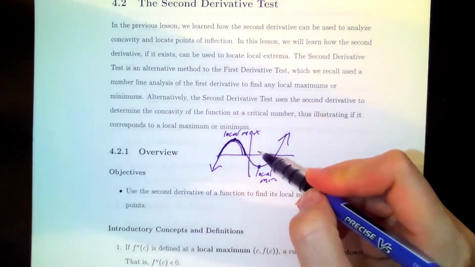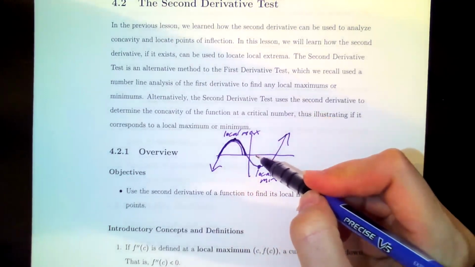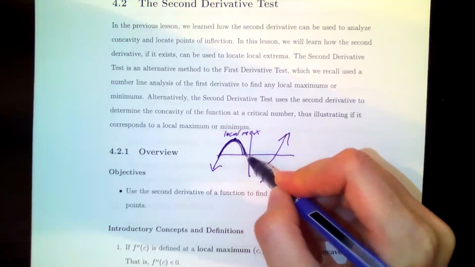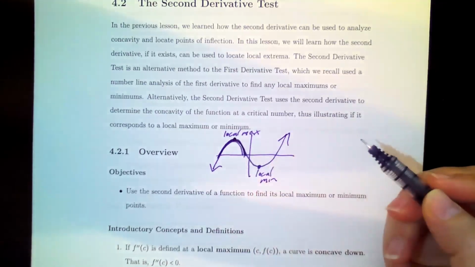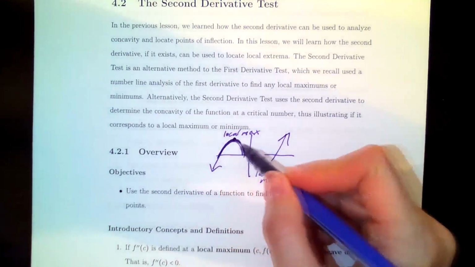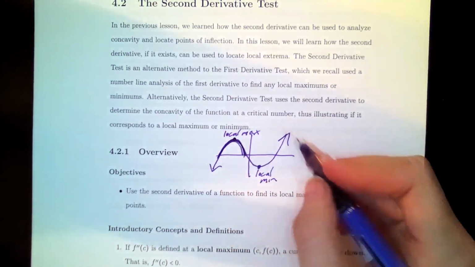So we learned in section 4.1 how to tell when a function is concave up or down. Well, as it happens, a function has to be concave down if there's going to be a maximum. I challenge you to find a maximum point that doesn't have concave down shape. You ain't going to find one.